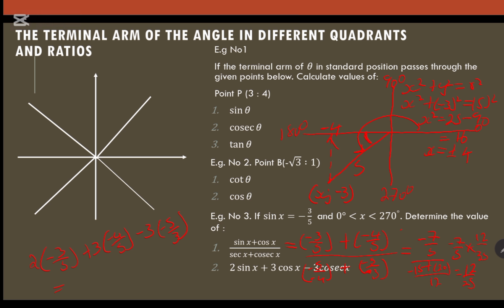So we're saying it's 2 times negative 3 over 5 plus 3 times negative 4 over 5 minus 3 times negative 5 over 3. And the answer is 7 over 5. So that is the answer.